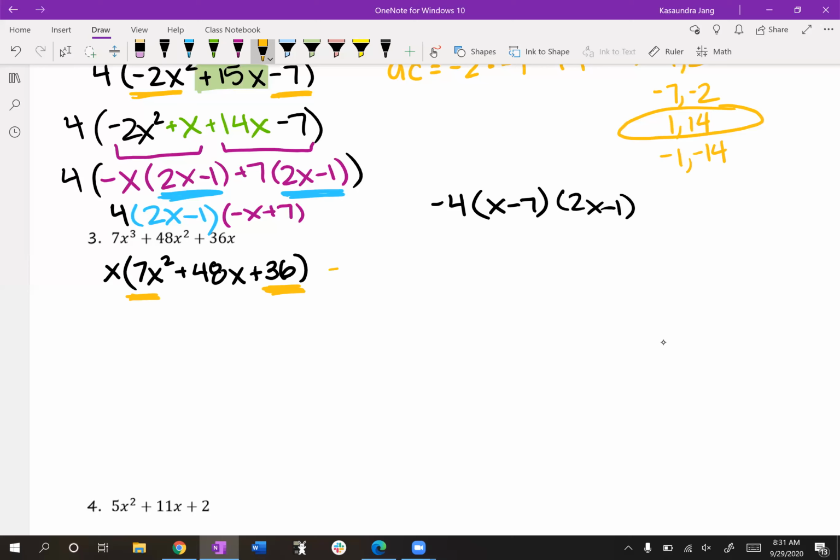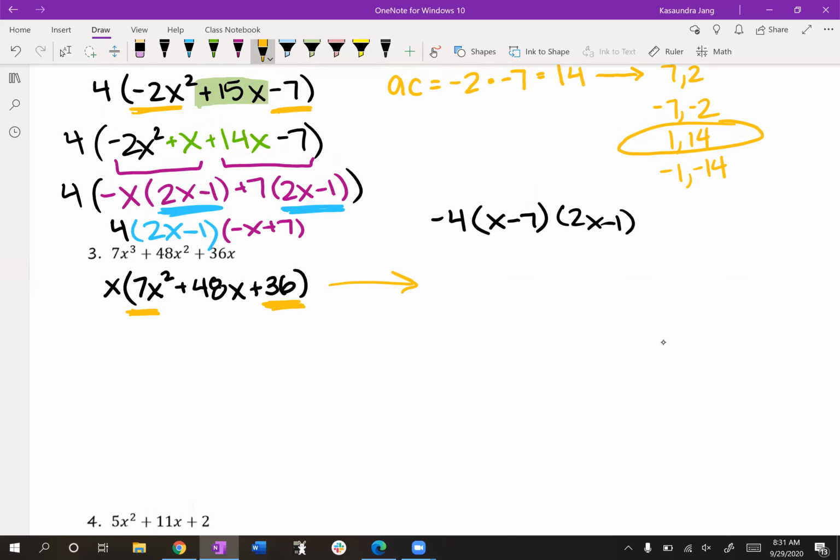This is going to be really big. What's your 7 times 36? 252. Oh my goodness, which means I've got to break that into a bunch of factors. I know it could be a 1 times 252. It could be, let's see, it's an even number, right?